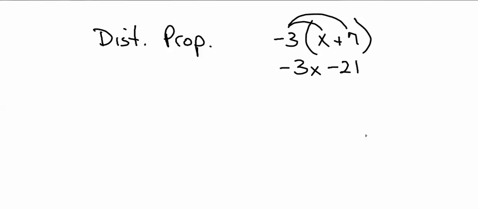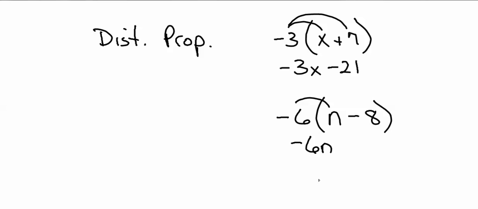Good. And then how about -6 times n minus 8? You got your -6 times n, which is -6n. And -6 times -8, positive 48.